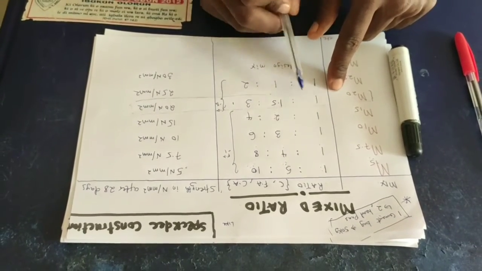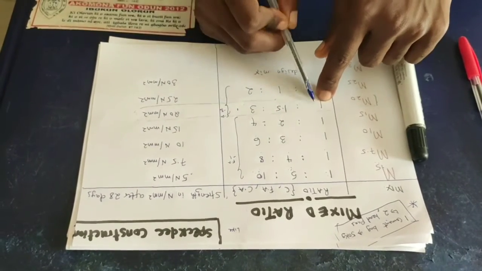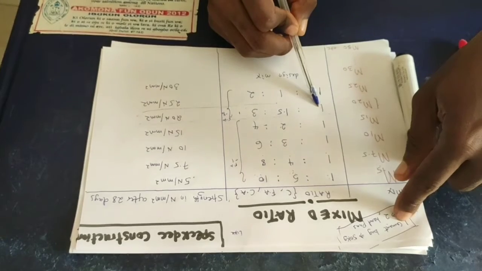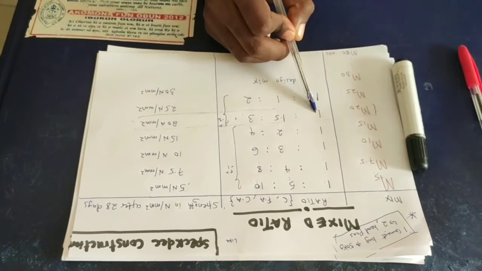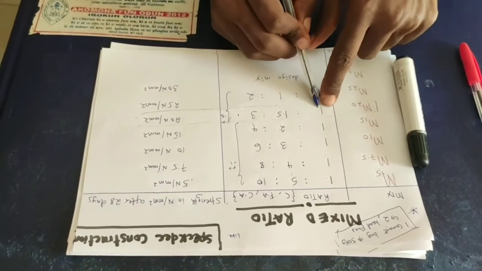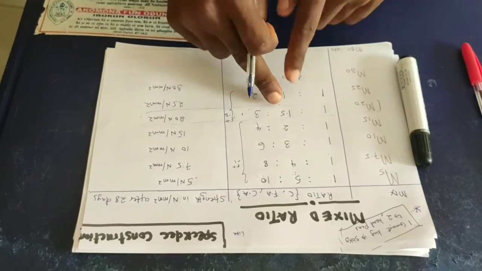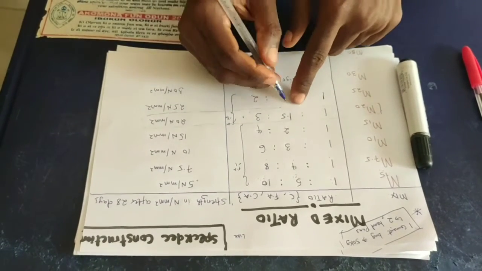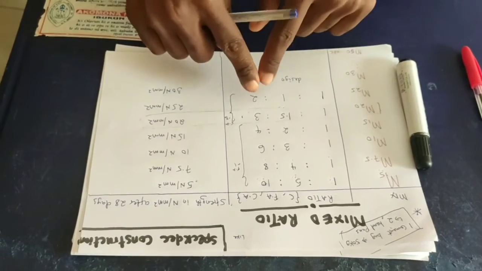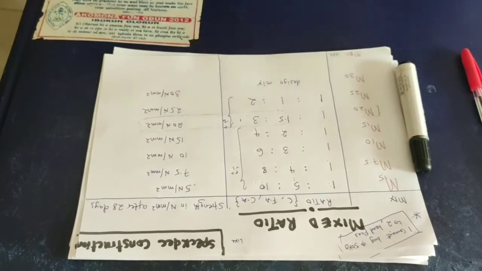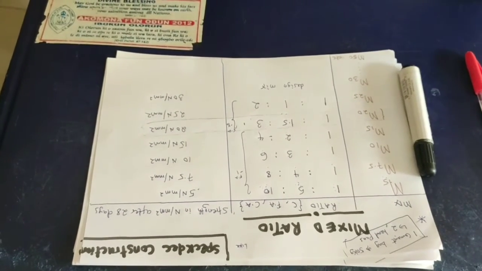So if the ratio is 1:1.5:3, and this 1 represents 1 headpan, but now I have 2 headpans of cement in 1 bag, I'm going to have 2, that's 1 bag of cement, mixed with 1.5 times 2, which is 3 headpans of sand, and then 3 times 2, which is 6 headpans of granite, which is coarse aggregate.